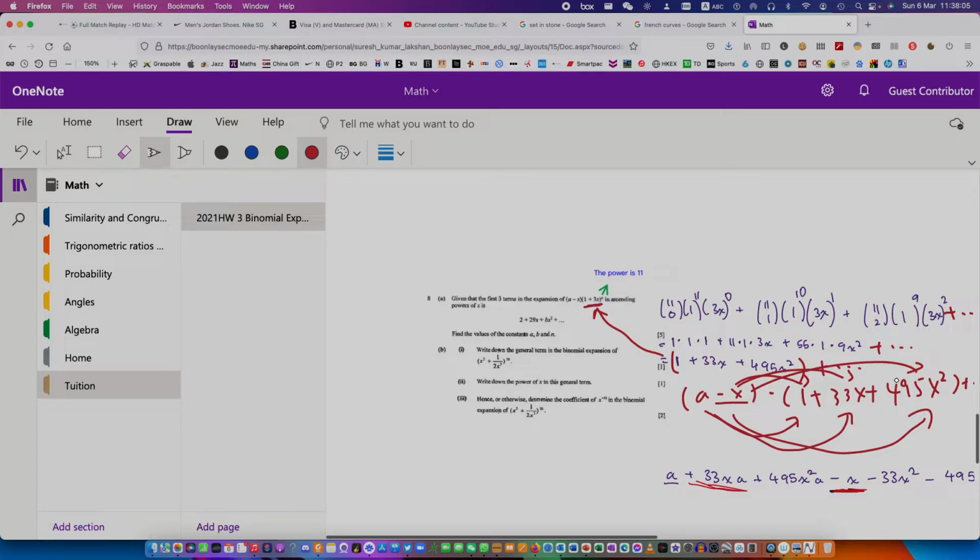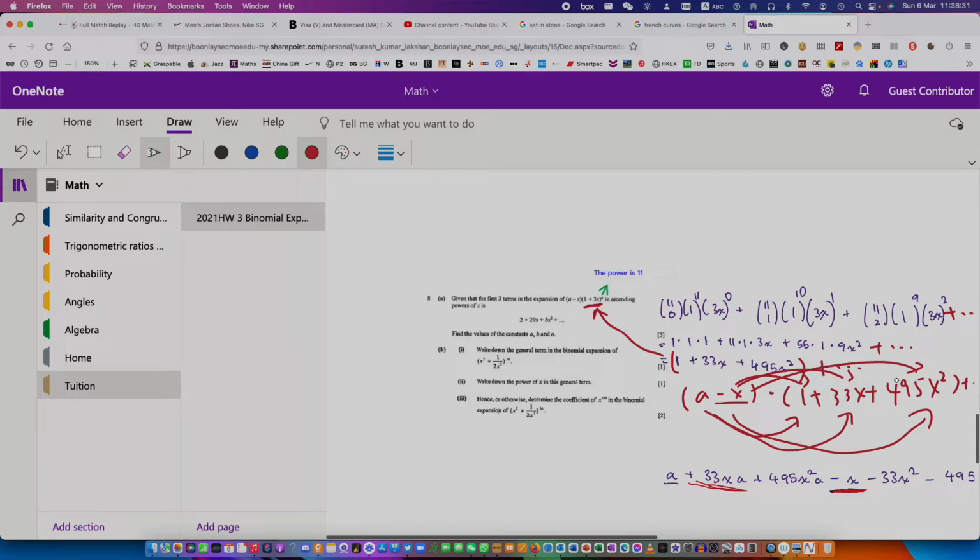Okay, so now can you group them together? So you have the A. Then you group your x to the power 1 term. So basically what you are doing here is you are rearranging them first.